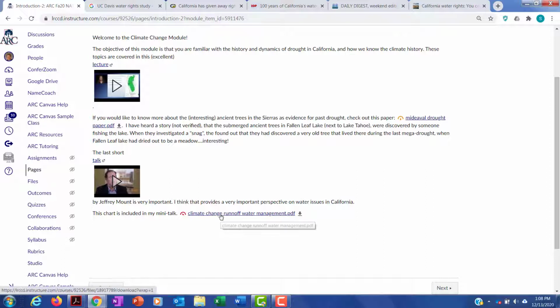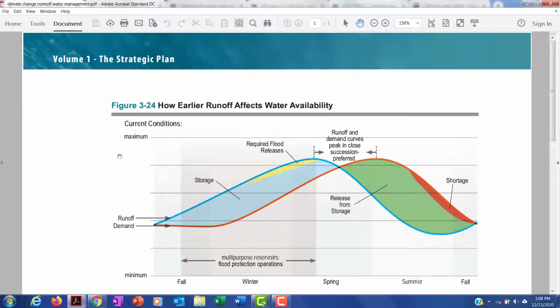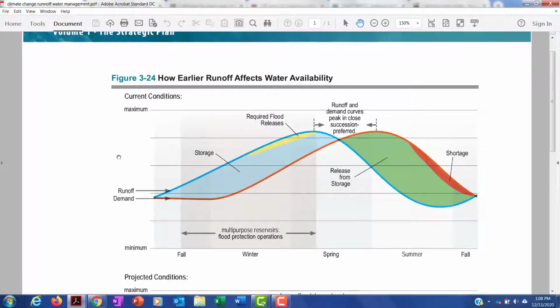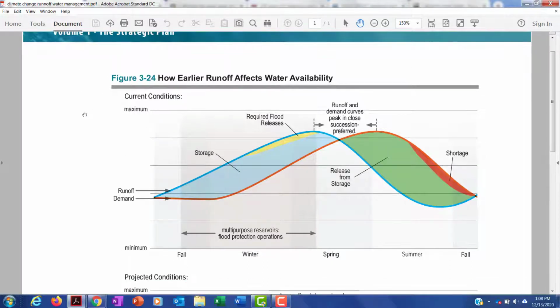Lastly, I included this chart here to illustrate the nuts and bolts of what our challenge is for managing water going forward. This is another way of looking at it. This chart is out of the California Strategic Plan from the Department of Water Resources. It talks about a typical year from fall, winter, spring, summer, fall. And the blue line is the runoff curve, where the water's coming off the mountain.